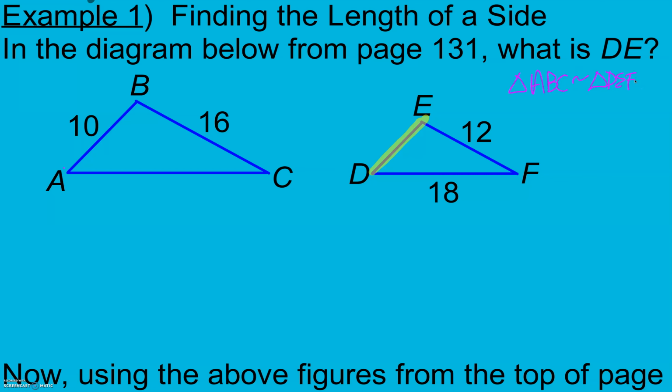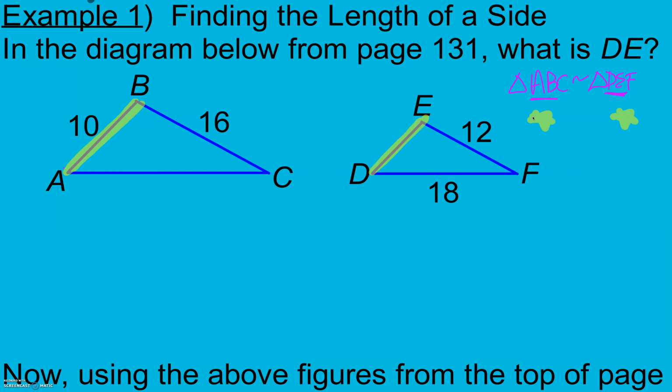And they told us this in the book as part of the problem. So we know then that since these are similar, DE and AB have to be corresponding parts. We can see this in our diagram because our sides are different enough that we can tell. But if you can't, always look back to what we know here.